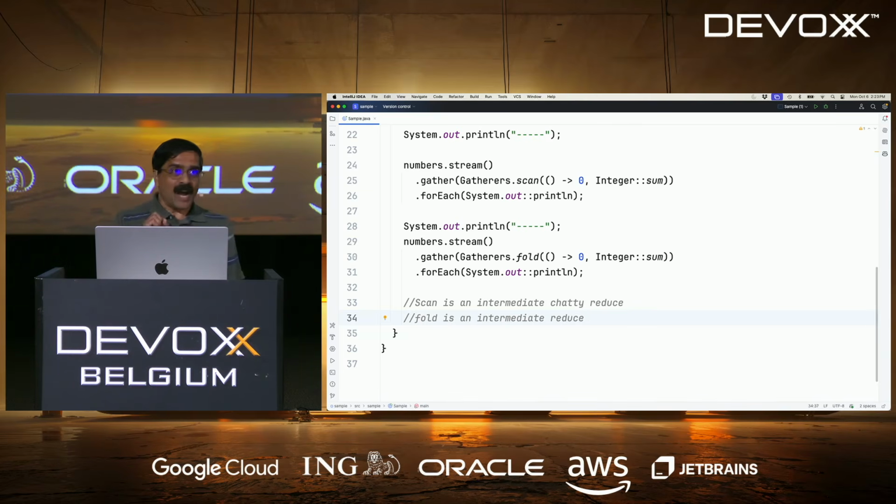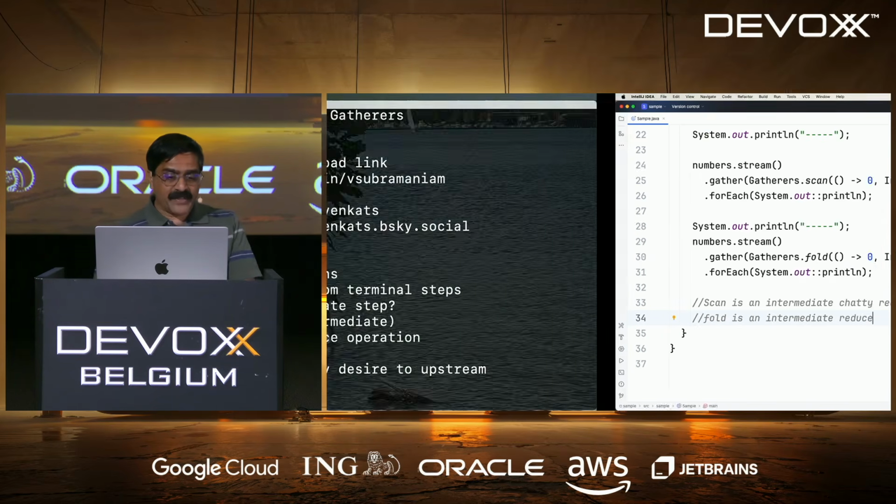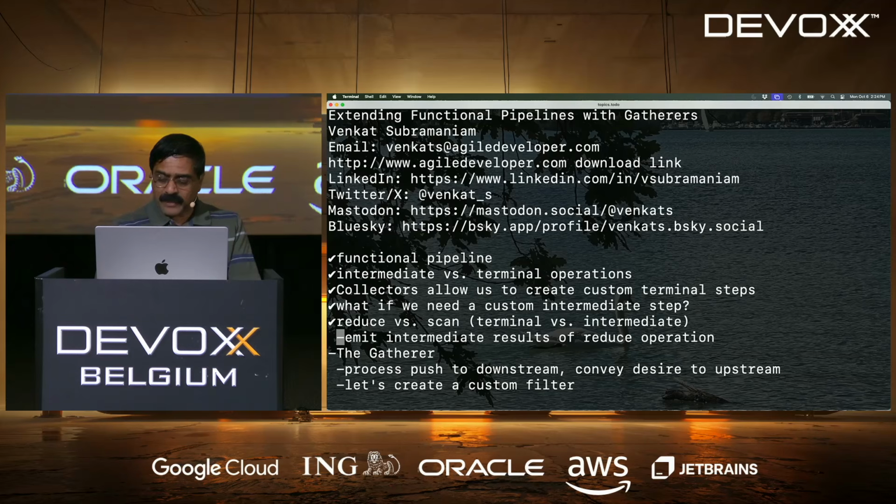So it says, I'm going to keep telling you everything that's happening, right, along the way. While a fold is just an intermediate reduce. It doesn't do anything different than reduce other than just accumulating the values, and it just emits the result value rather than being a terminal operation. It's an intermediate operation. So that's basically an example of using a built-in operation, a built-in gatherer that's already provided, and you can make use of that.